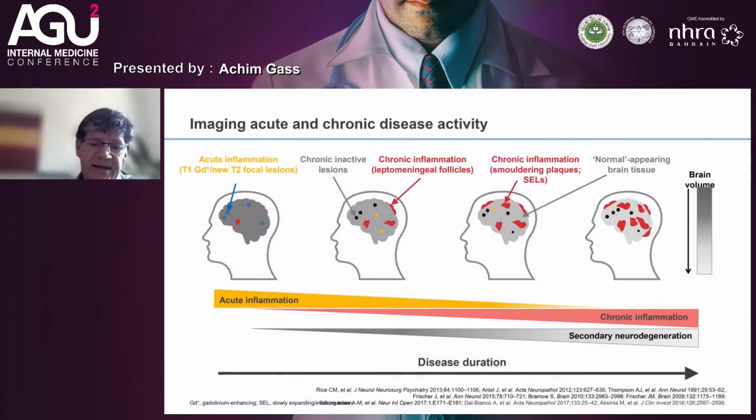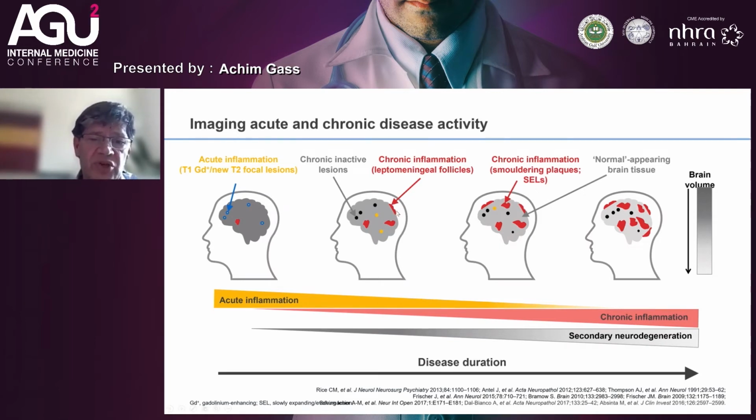We nowadays have the concept that besides acute inflammation in the form of contrast enhancement that is shown here, with the yellow lesions and the blue lesions, you also have chronic inflammation around certain spots and certain lesions.